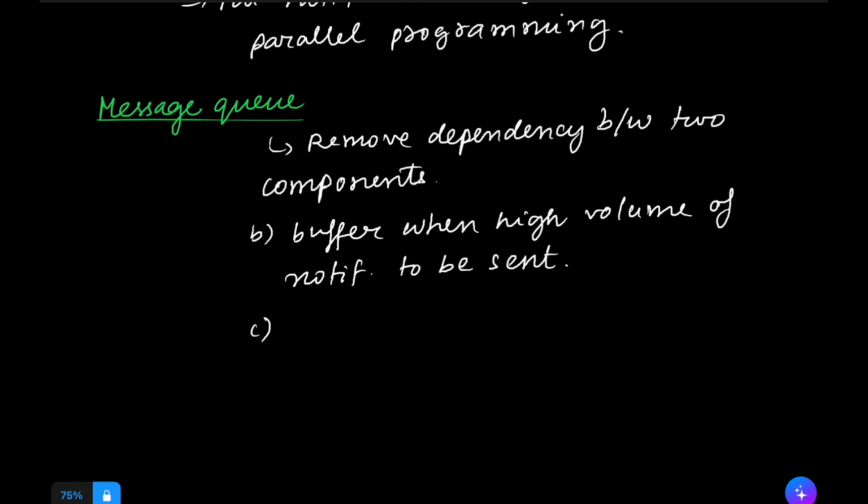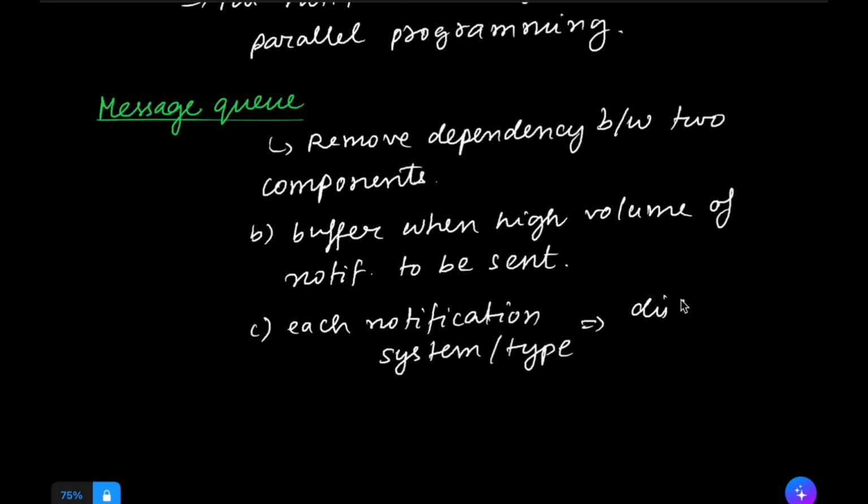Thereby, if one of the services is down, say the iOS service or APN is down, it would not affect the delivery of notifications for other end users like Android or SMS. So this is an added advantage of introducing a message queue. Each notification type will have its own distinct message queue.